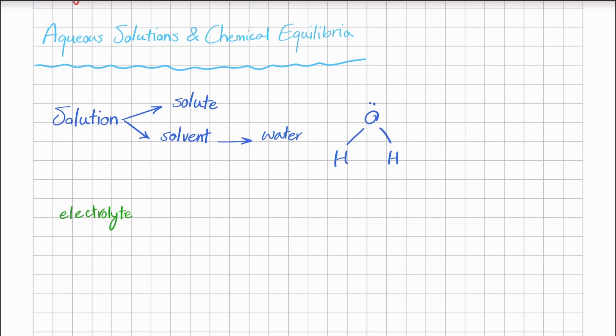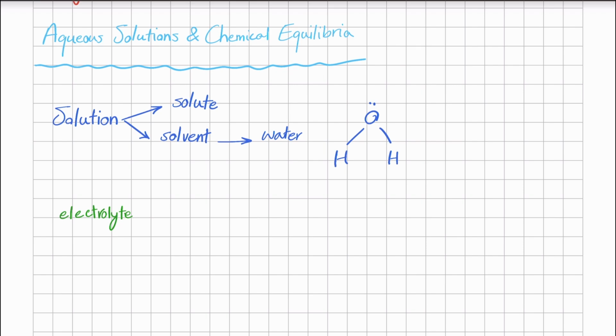An electrolyte is basically a substance that, when added to a solvent, or specifically water, dissolves into different ions, or forms different ions in the solvent.